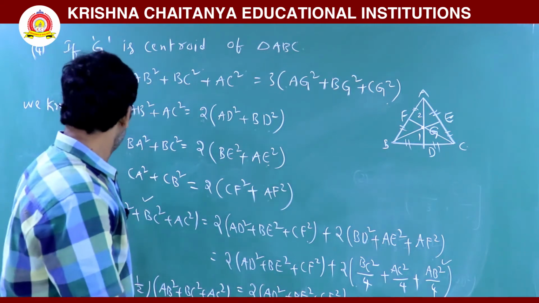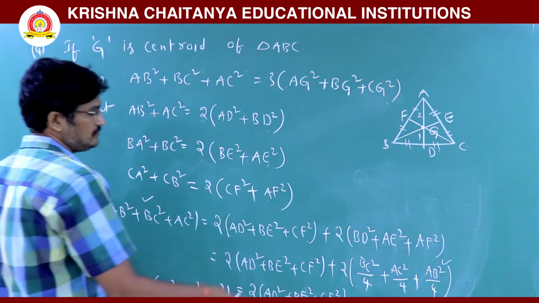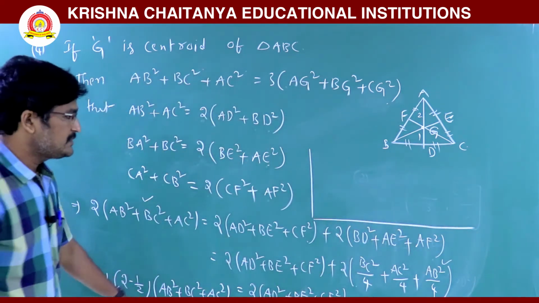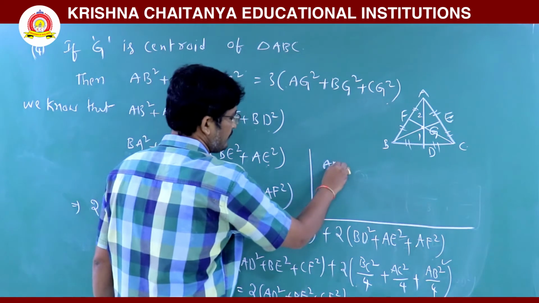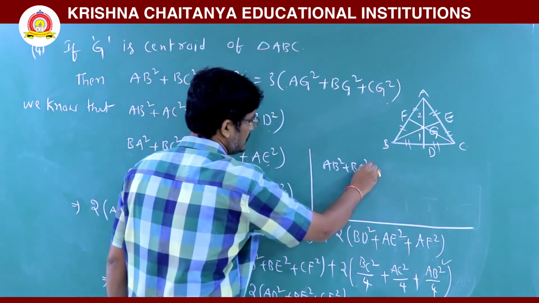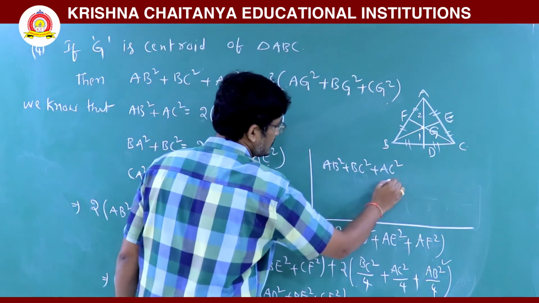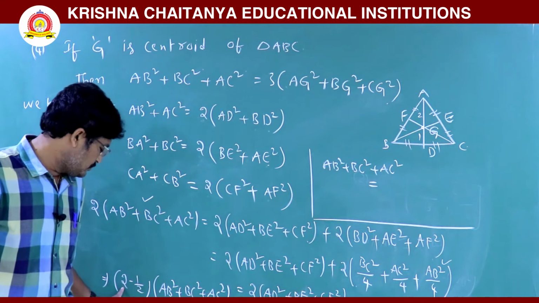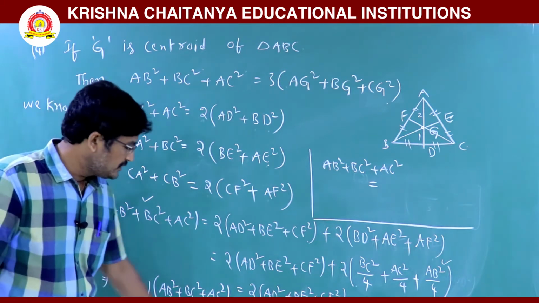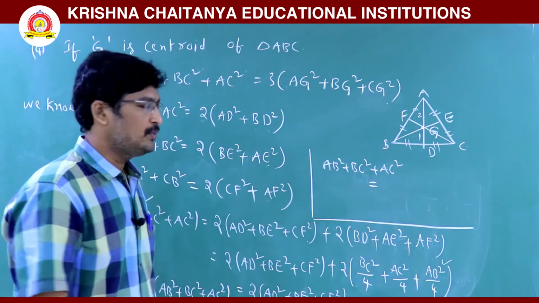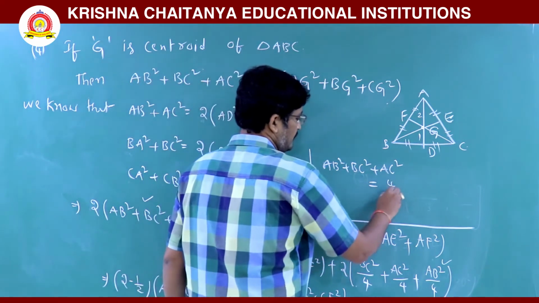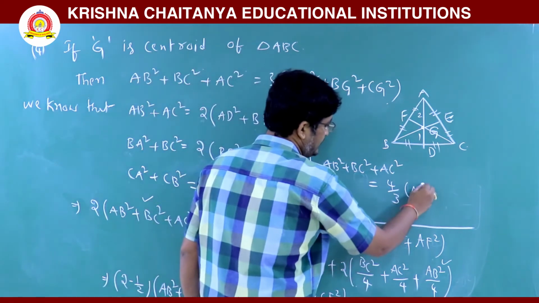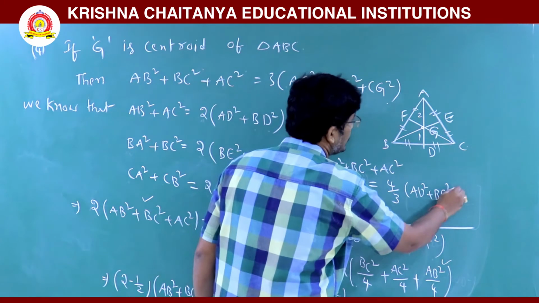So AB square plus BC square plus AC square is equal to, 2 times 2 by 3, 4 by 3. So 4 by 3 times of AD square plus BE square plus CF square.